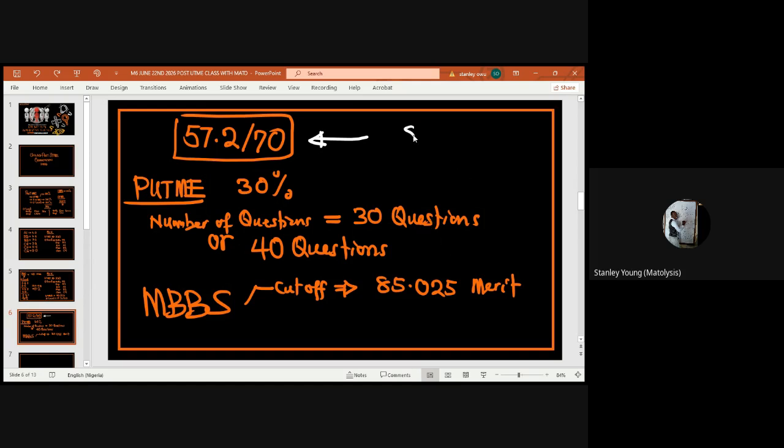If you do 85.025 and subtract 57.200 from that, you can do the computation. You have 85.025 minus 57.2. That means 27.825.